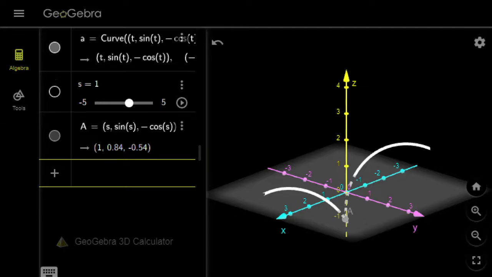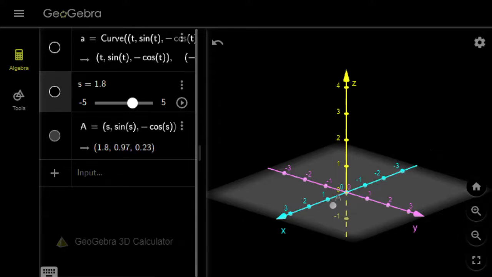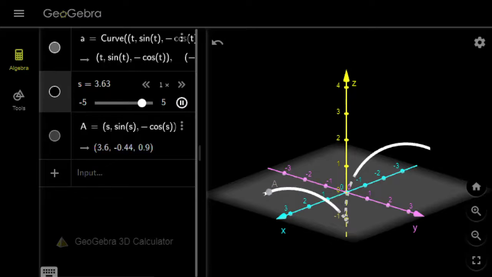And instead of giving me a curve, if I get rid of the first one that I graphed, you can see that it gave me just a single point. And it gave me a slider here for values of s. It's a nice thing to look at. I can move that around, and you can see what I mean when I say that the graph of a parametric curve is tracing every point that the vector valued function points towards.